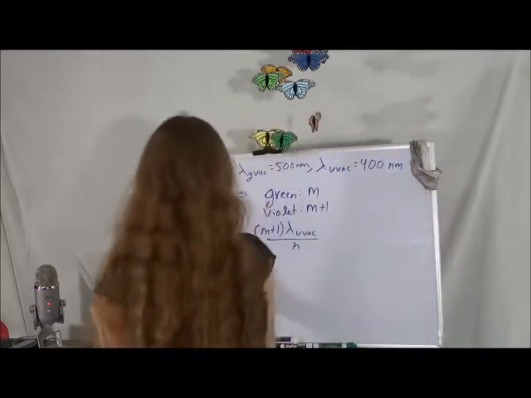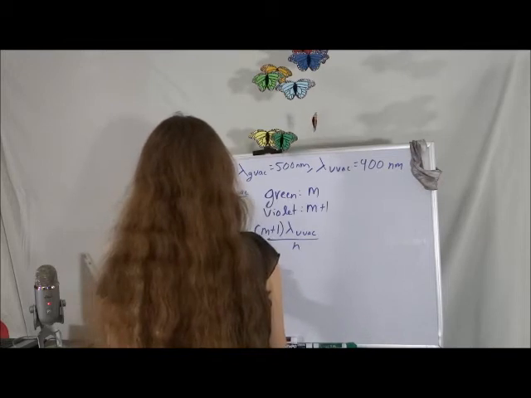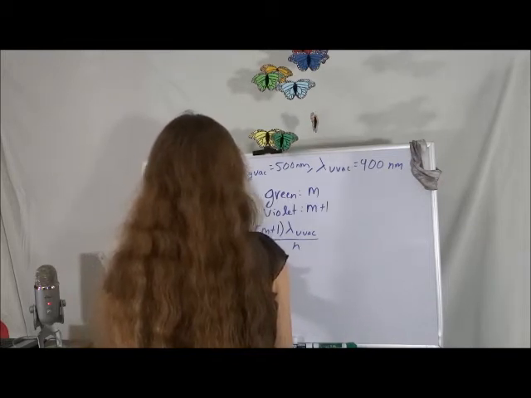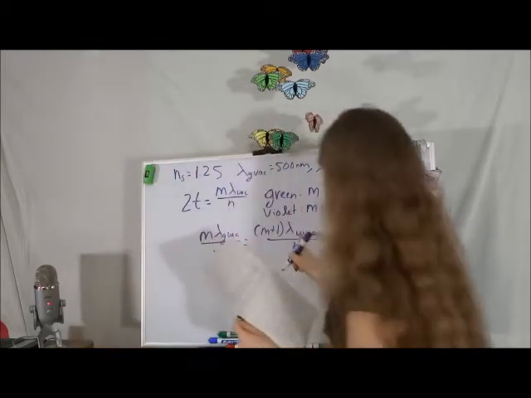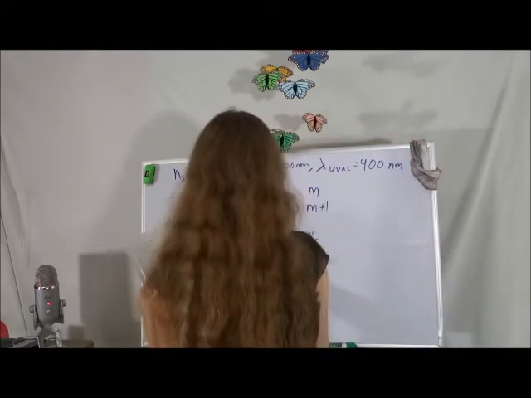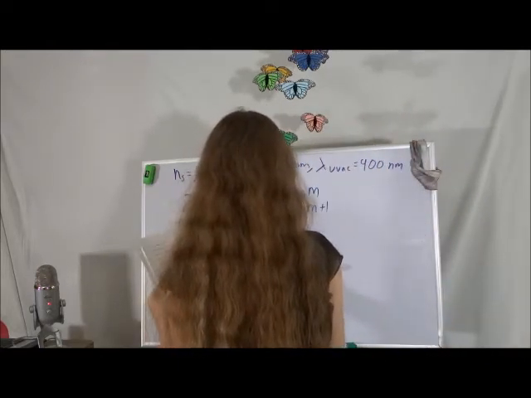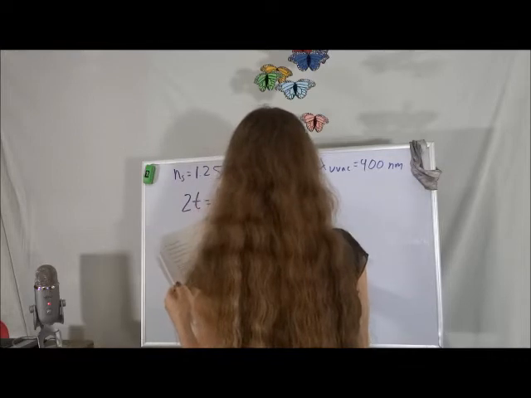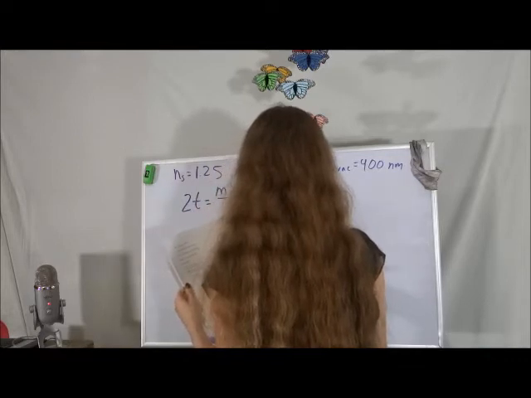And we're going to have M lambda G vac equals M, and I'm going to expand this term, so M lambda V vac plus lambda V vac.